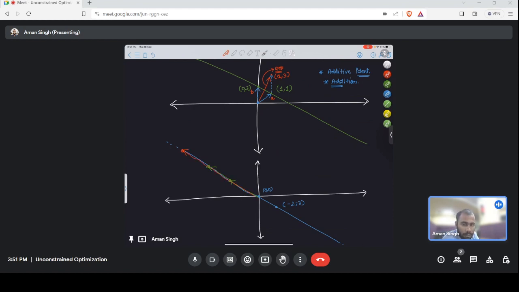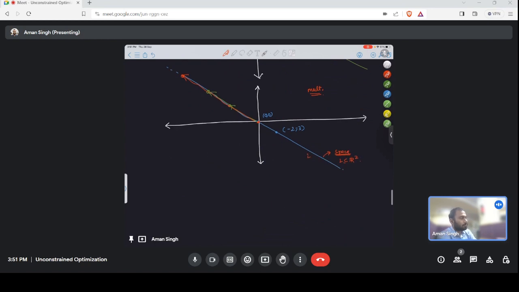Same with all the vectors. There is an additive identity, 0, 0, and the multiplicative property: if you multiply any vector by a real scalar, it will just scale and stay on the line again. So this is actually a space, and all the points on this line belong to R square. So this line L is a subset of R square, and it can be called a subspace.